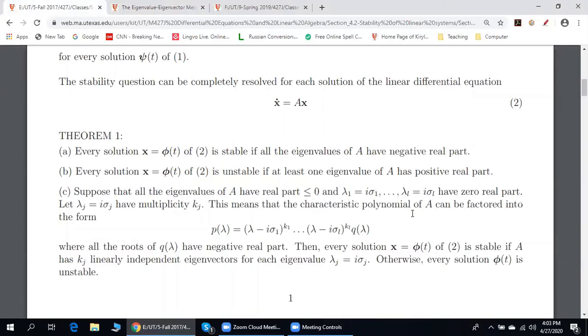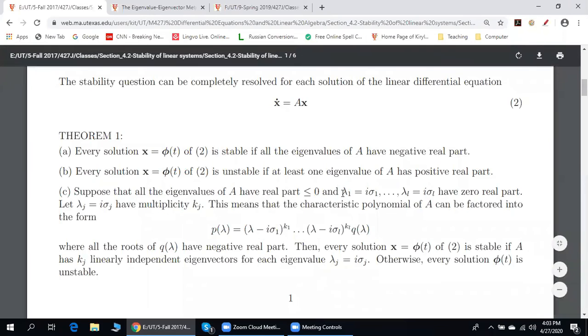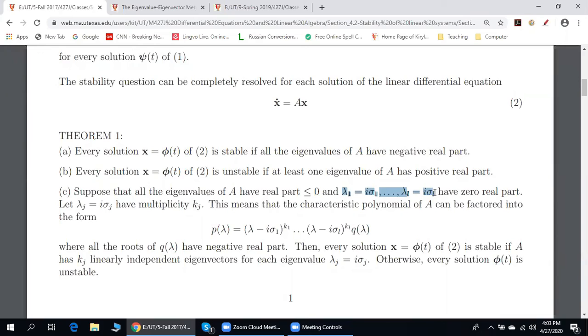So in C, step 1, we find all eigenvalues where the real part is 0. It's over here. Then we find the corresponding eigenspace for each of these eigenvalues. And then we find its dimension.